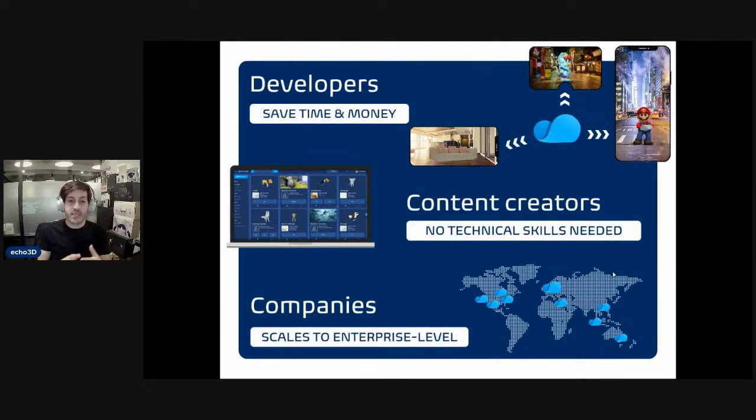As developers, you obviously save a lot of time and money. As content creators, you don't need any technical skills to manage and deliver content. And companies can scale to enterprise level, sharing data all over the world, monitor the usage of your content, and allow team members to collaborate in any region on these 3D models and their usage.